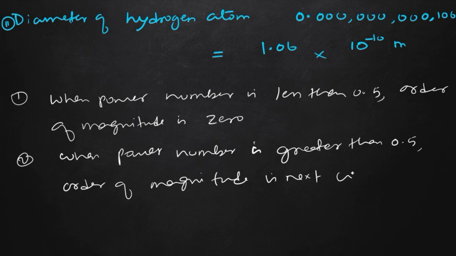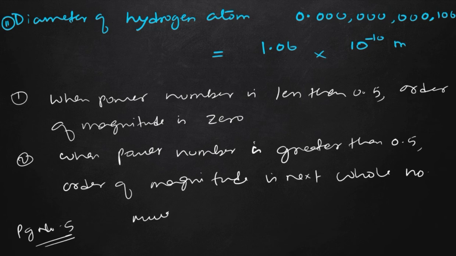I know everyone knows what a whole number is, the number which starts from 0. Fine. So you need to go through page number 5 and write the table: multiples, prefix and symbol.